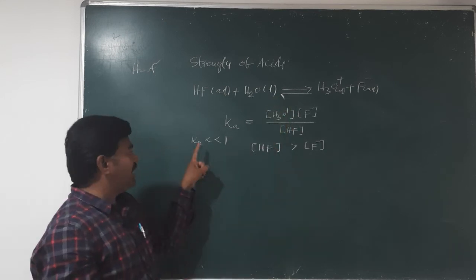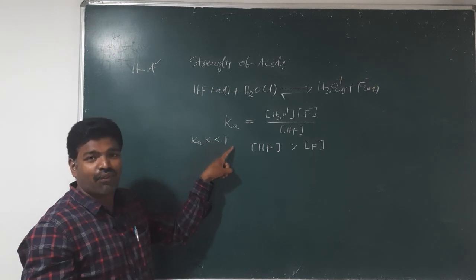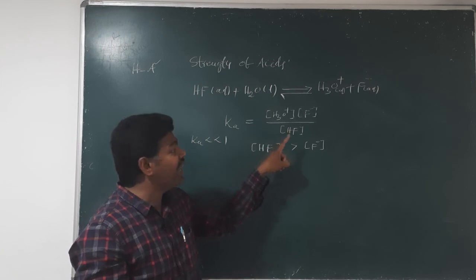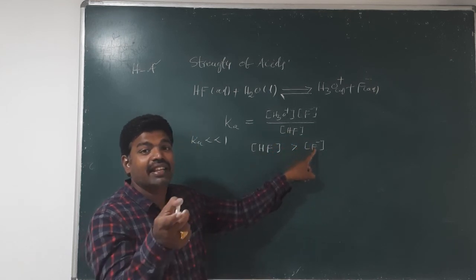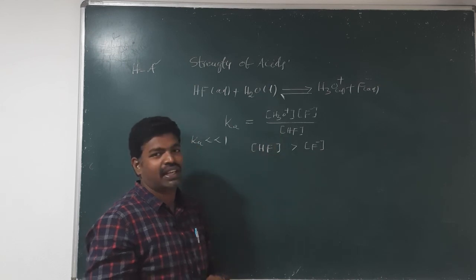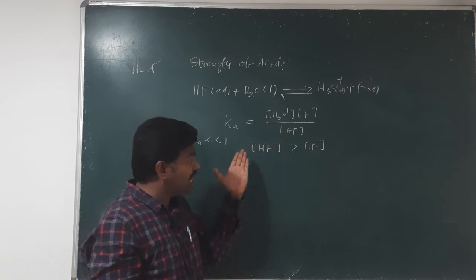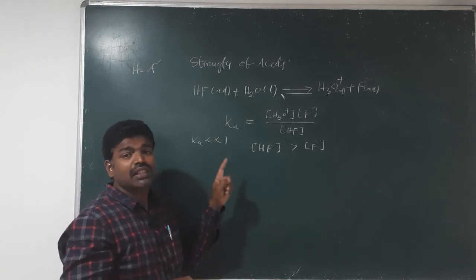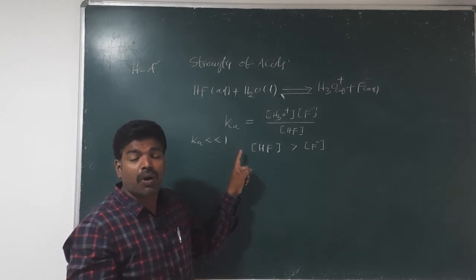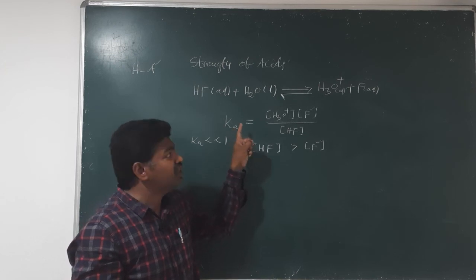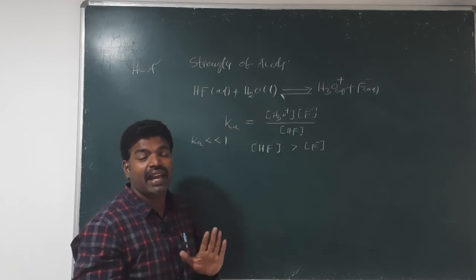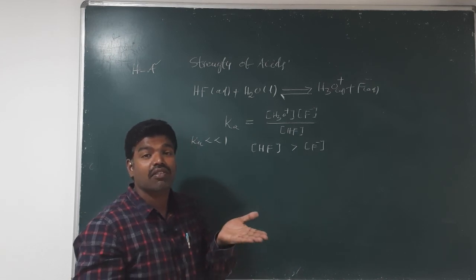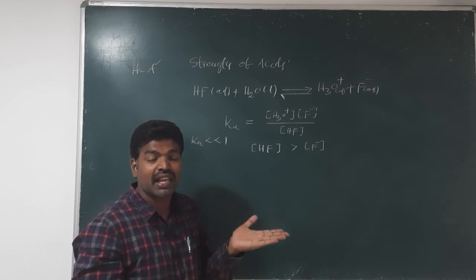So when Ka comes out to be less than 1, the concentration of HF is more than the concentration of F minus, and that says that there is only a small fraction of molecules dissociating into H3O plus and F minus.